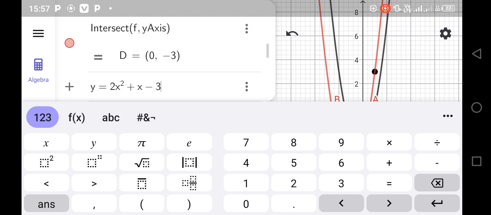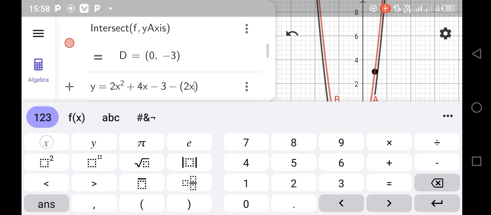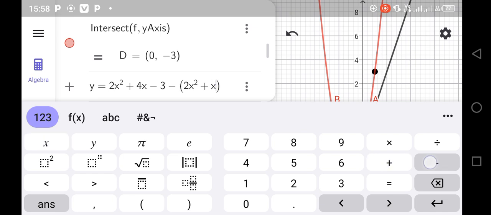So what you need to do, so here it was -5, is the first equation minus the second equation. The first equation was 2x² + 4x - 3 minus, in brackets, 2x² + x - 5.